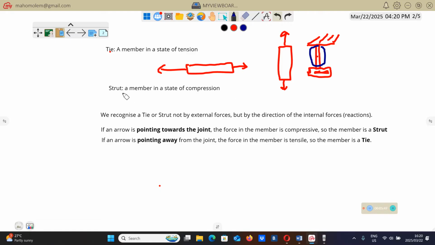Let's go to a strut. A strut is a member in a state of compression. So like right now I'm sitting on the chair. Let's say this is the chair.